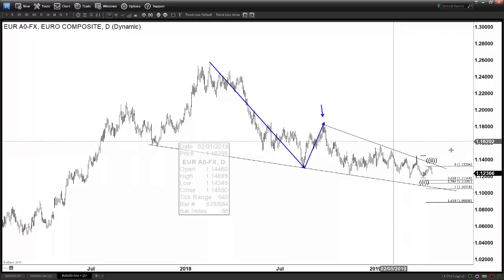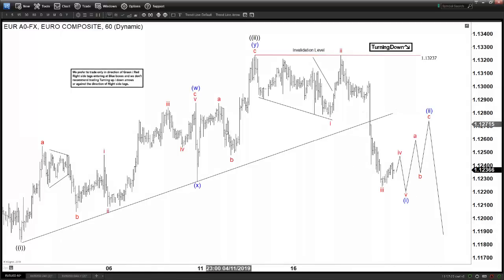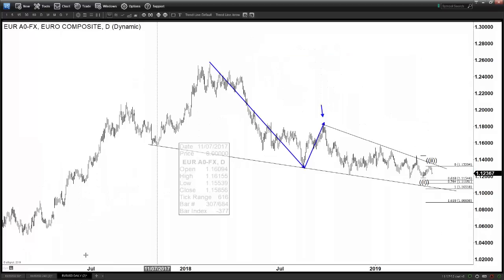Even though we do not yet have the confirmation we're looking for, as we have not broken below this one, today we already got confirmation from other pairs, from the US dollar Swiss, which is kind of the inverse of the euro dollars. So it is possible that the pair can continue to extend lower, as long as it stays below 113.20, and we'll continue to progress on the downside right here.